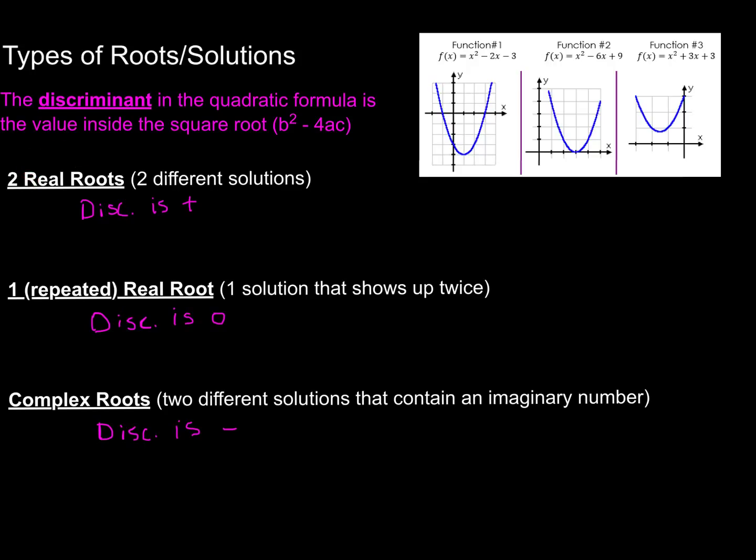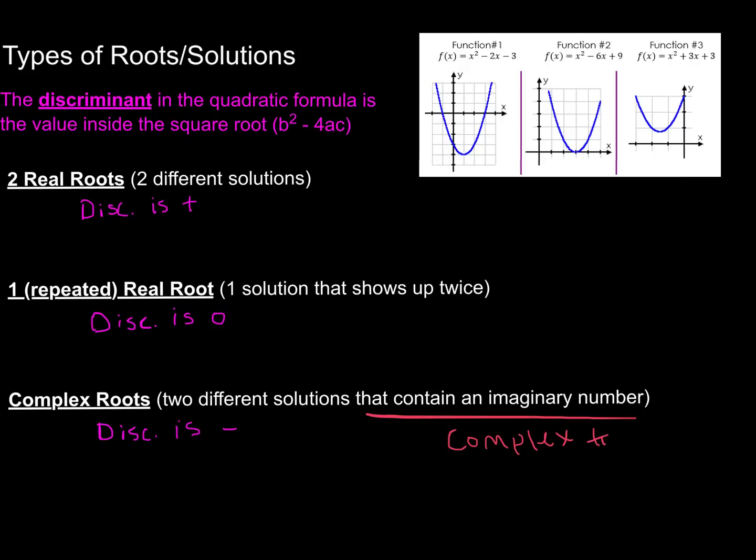If the discriminant is 0, then we'll have one repeated real root, and real just means it's a real number that we are used to working with. And if the discriminant is negative, then it will have two different solutions that contain an imaginary number.